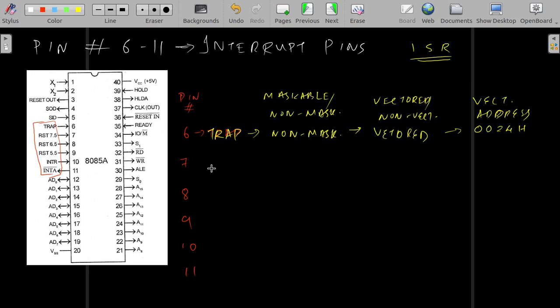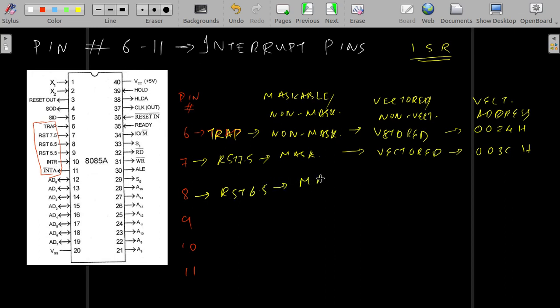The next interrupt is RST 7.5. It is a maskable, vectored interrupt, and its vector address is 003CH. The next one is RST 6.5.